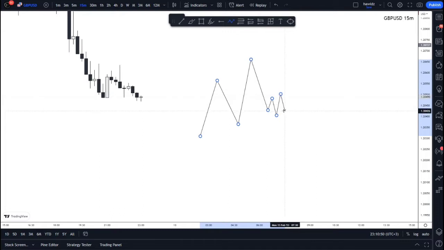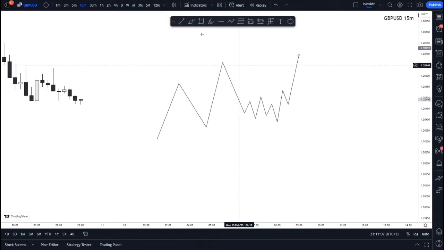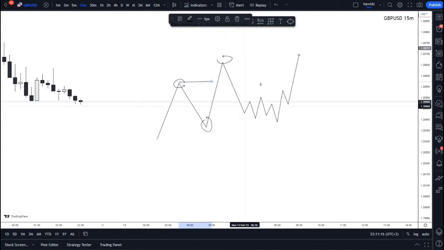this is the area that you would mostly experience this kind of thing. And then you'd see price go down, go up, go down, and then come up, a slight retest, and then a continuation bullish. So this is the kind of thing that we're looking to explain here. What we'd normally have is a high, a low, a high with this break here to indicate that this is a bullish trend.